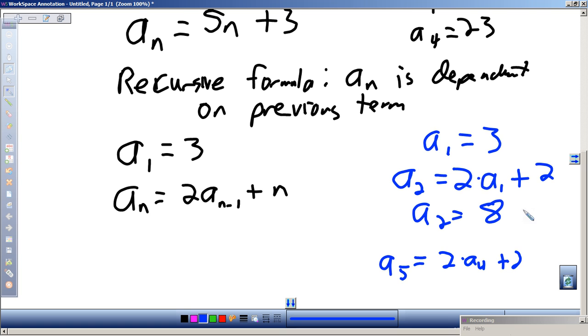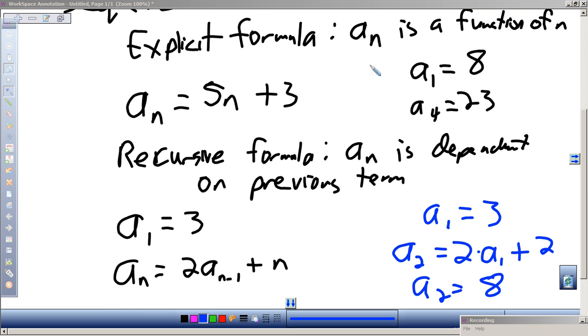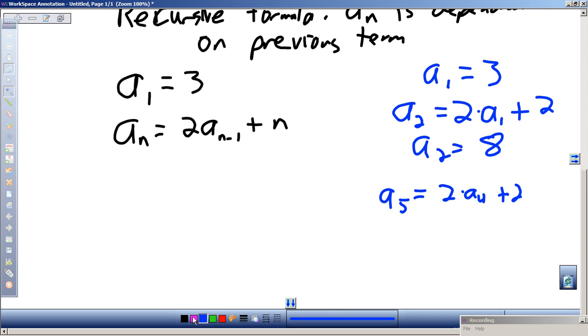So these are two different ways of describing something. Here we've got an explicit formula and a recursive formula. I'll tell you the recursive formula can do things that the explicit formula can't. Like, anybody heard of Fibonacci? Yes. What is the Fibonacci sequence?